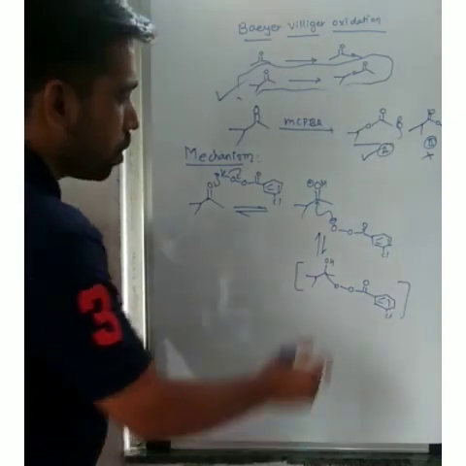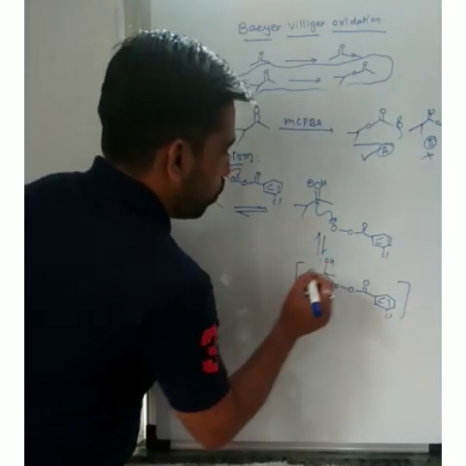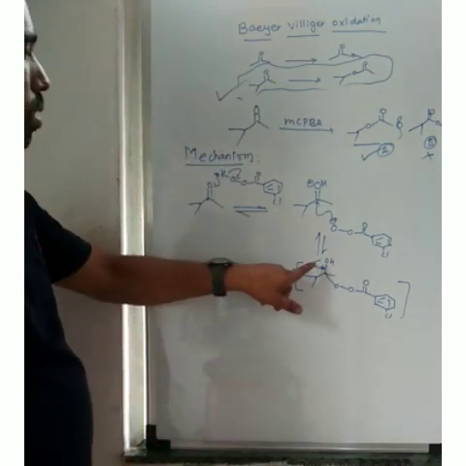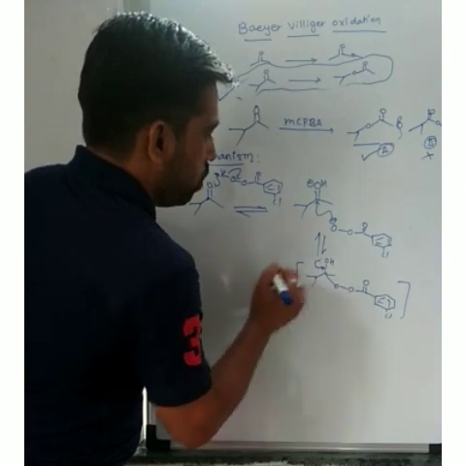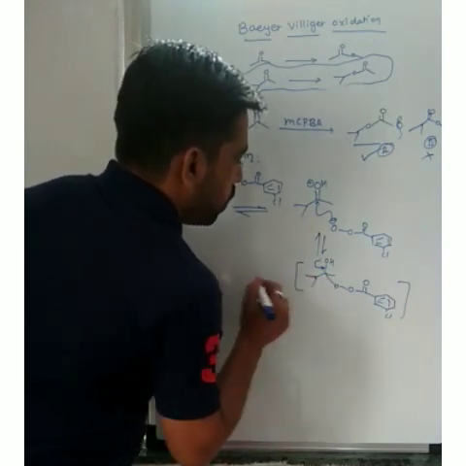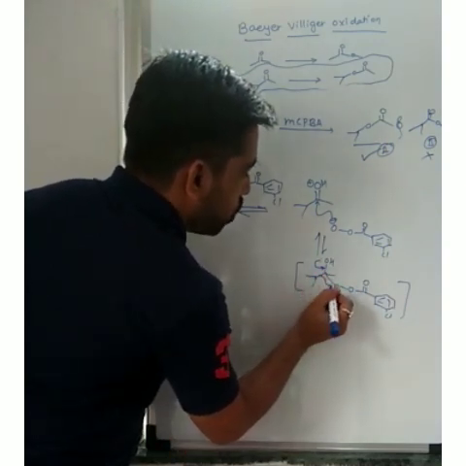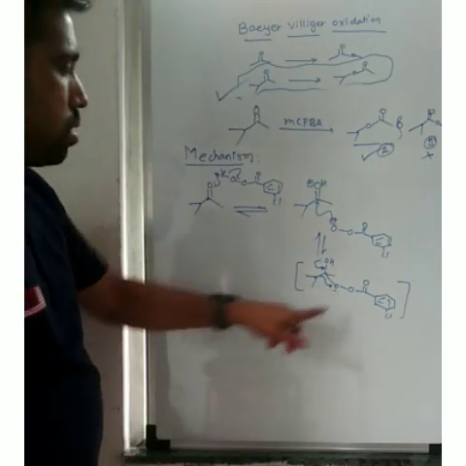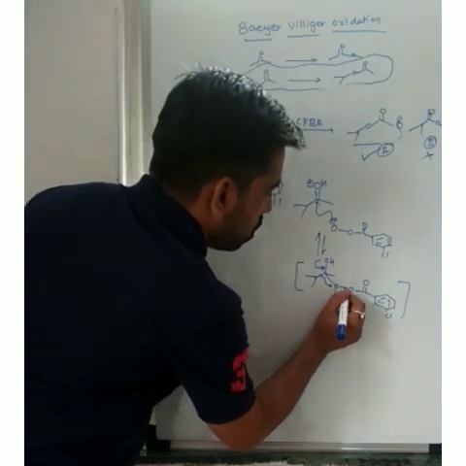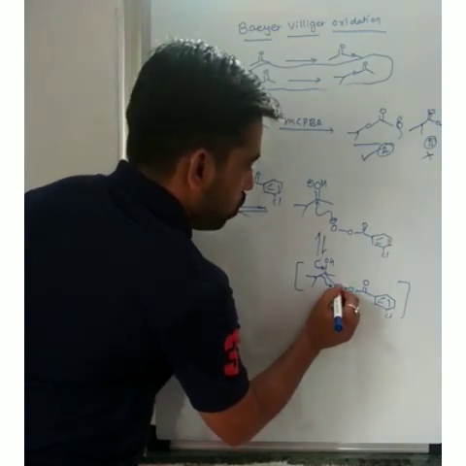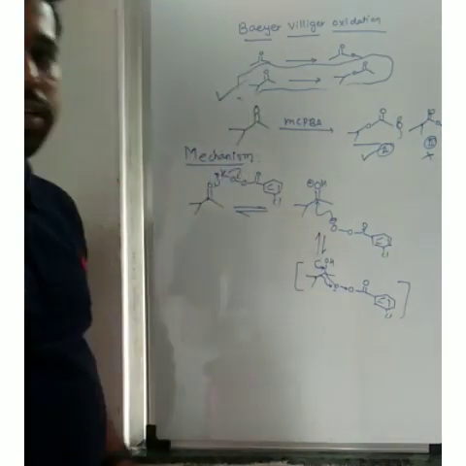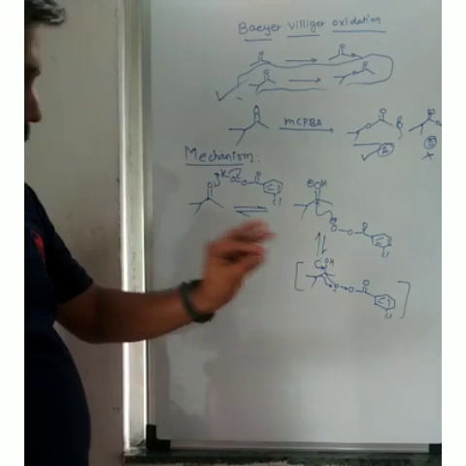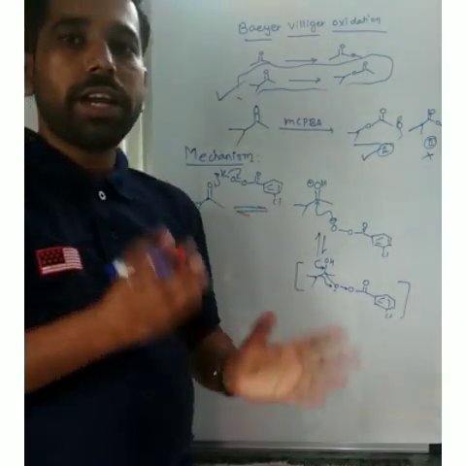Now, in the third step of the mechanism, a lone pair goes here, and using that, a group migrates over to the oxygen, because this oxygen is very electron deficient. This oxygen withdraws electrons towards itself. Because of that, there is formation of a cationic transition state.